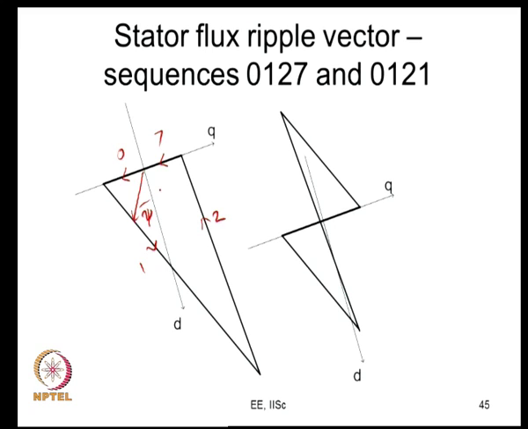Now, if you are going to do it as 0 1 2 1, I am sorry, the d axis must be here, ignore this. So, when it is 0, it goes like this, and when you apply 1, it goes like this. When you apply 2, the tip goes like this, when you apply 1, it goes like this.